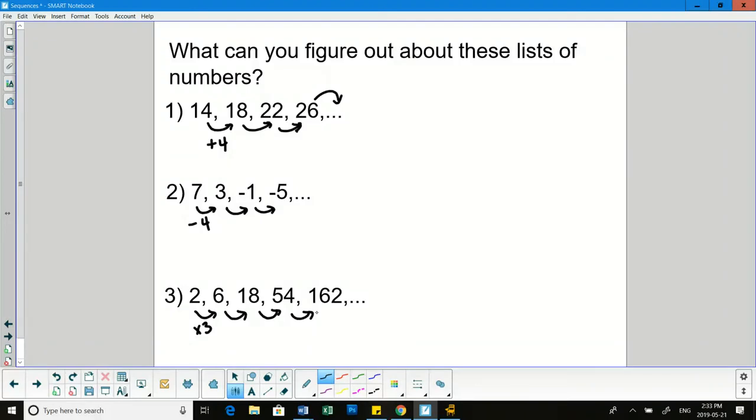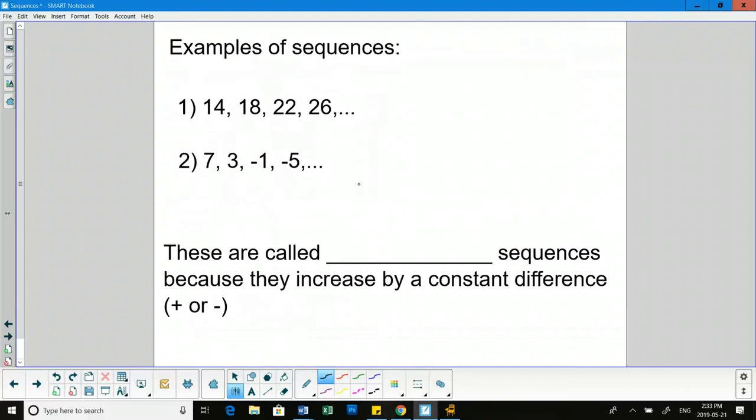Okay, so we're going to unpack these a little bit on some of the next slides here. So I just want to introduce to you first these first two sequences. The first two sequences are what we call arithmetic, spelled pretty much the same as arithmetic, but the pronunciation is a little bit different.